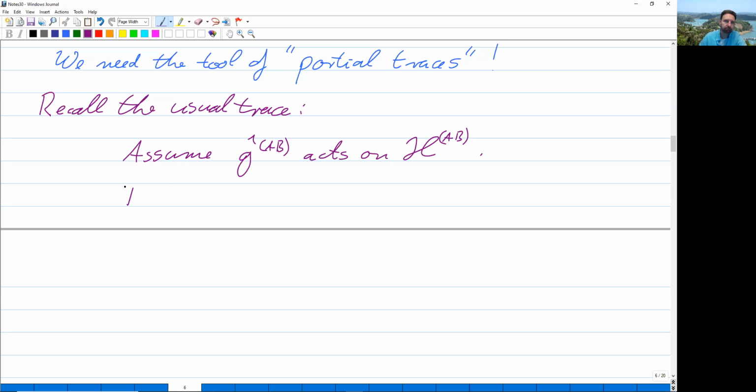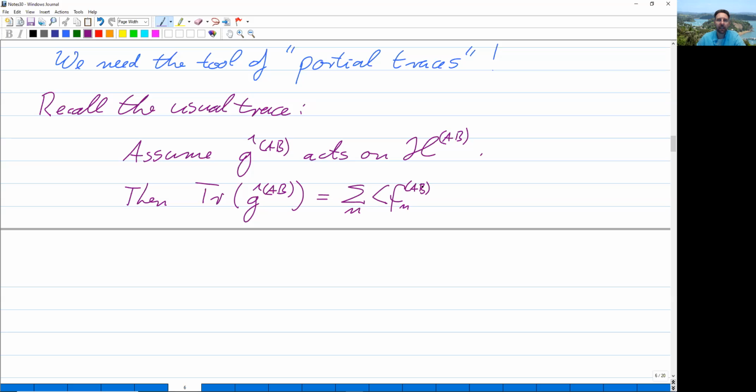Then the trace of G hat AB can be calculated as usual, choosing, for example, our basis of the Fn. So this would be Fn superscript AB.